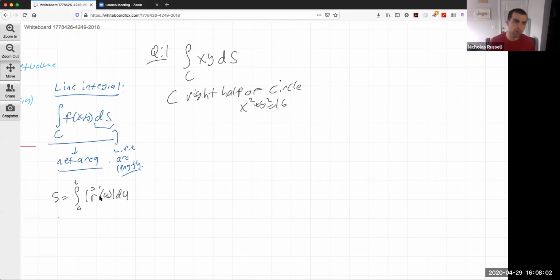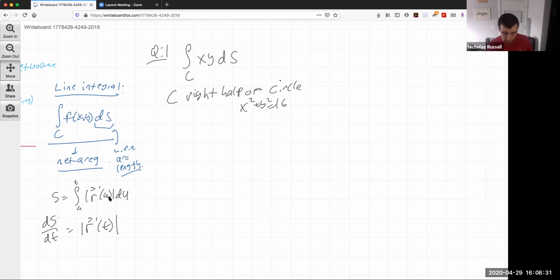So we found that this arc length was equal to the integral from a to t of the magnitude of this velocity vector. And what we could do is use the fundamental theorem of calculus to take the derivative of both sides with respect to t. I plug this t in here, and I would get the magnitude of r prime of t.